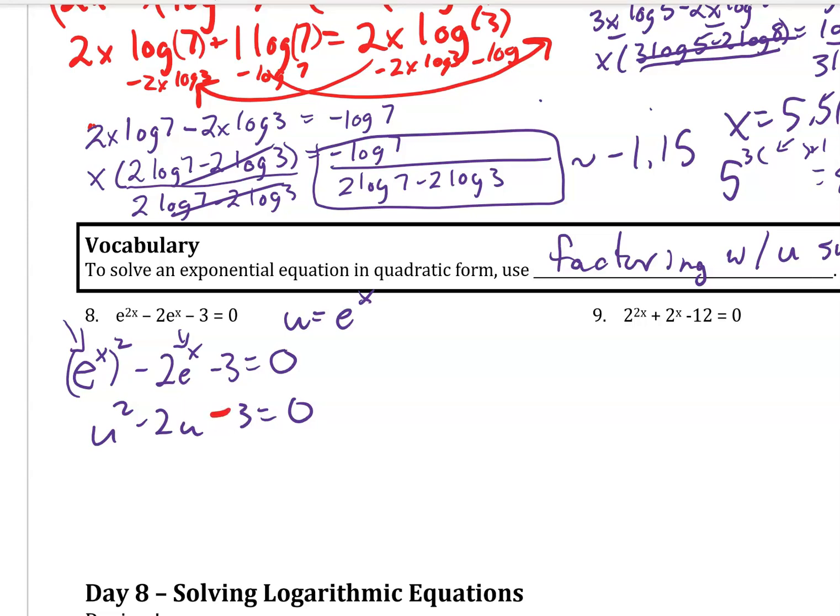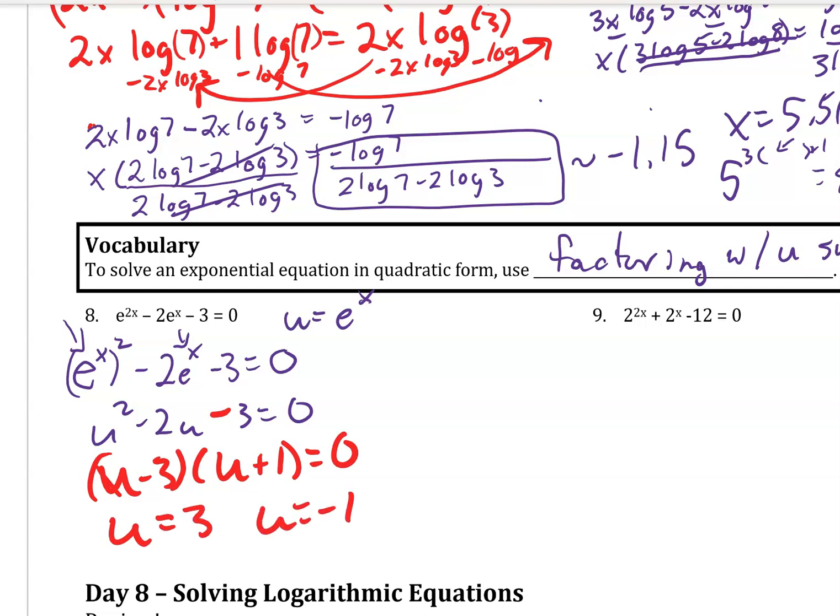So what do we get? We get u minus 3 times u plus 1 equals 0. So either u equals 3 or u equals negative 1. What was our u again? Right there. So either e to the x equals 3. We'll take the ln of each side. x equals ln of 3.